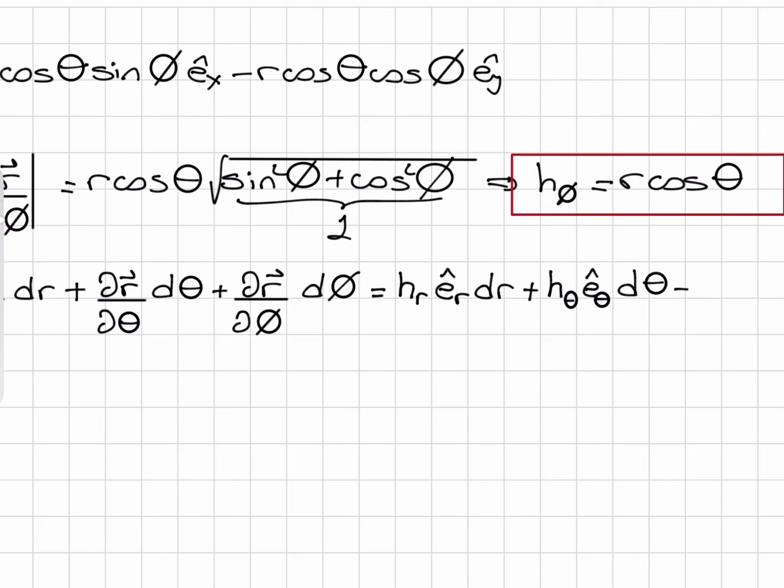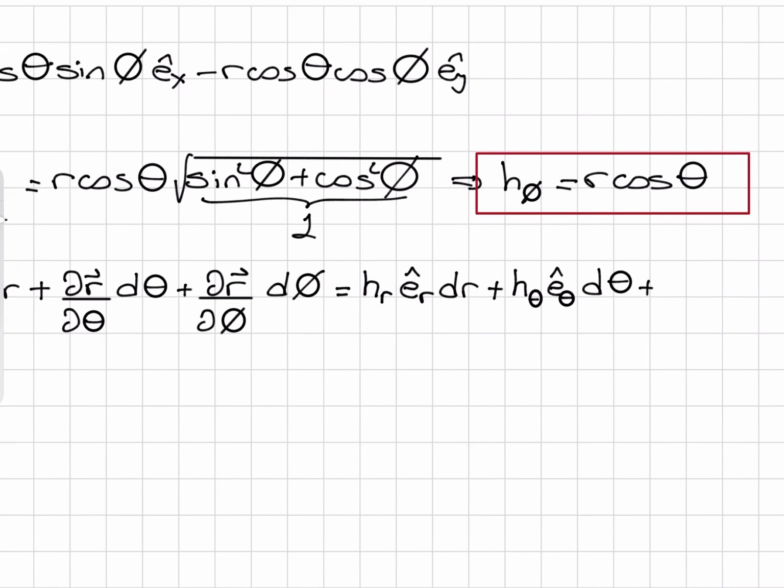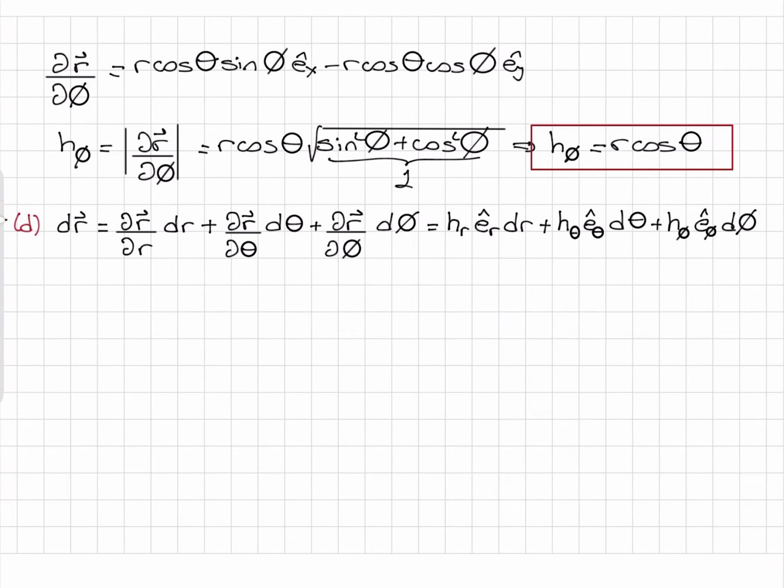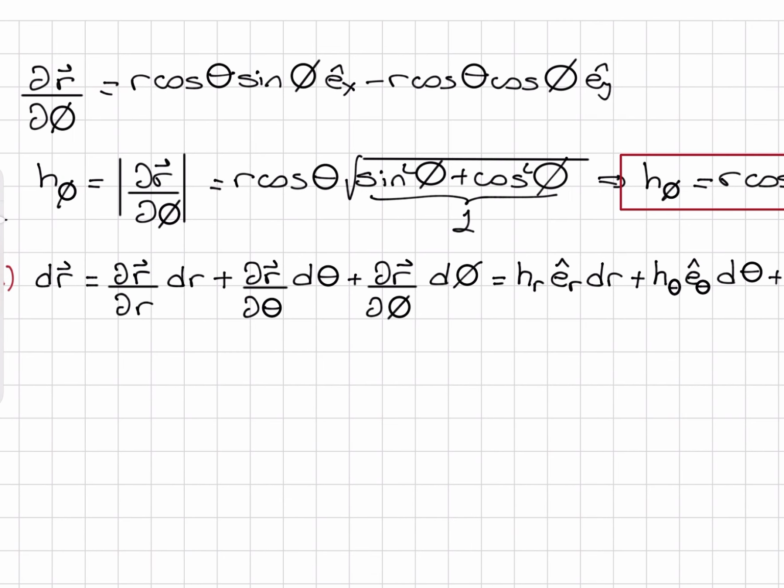And then we have h phi e phi hat, d phi. So this is what we need to write down. Since we already know the scale factors, we can easily do this.